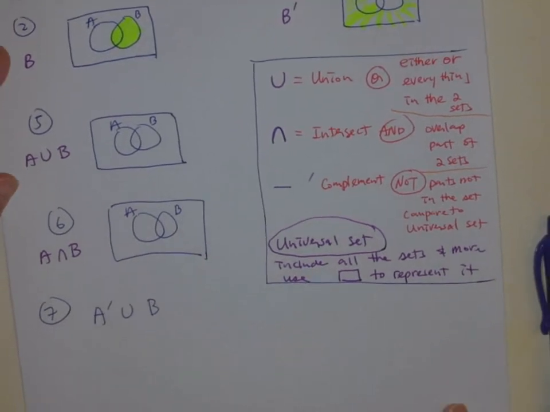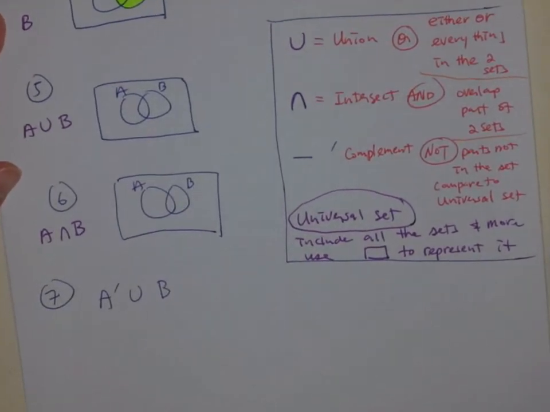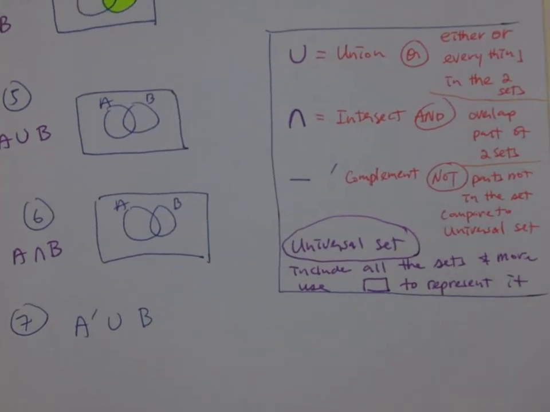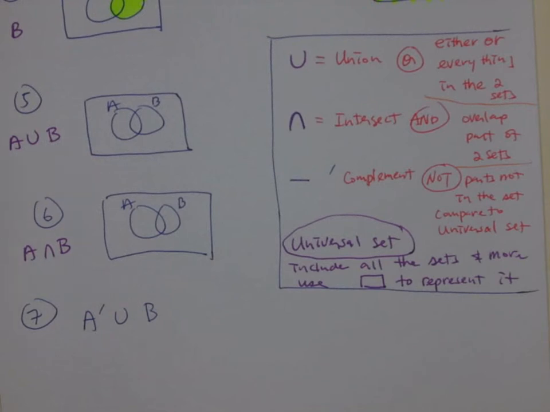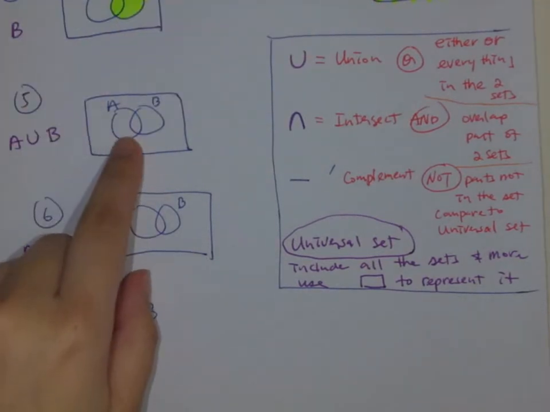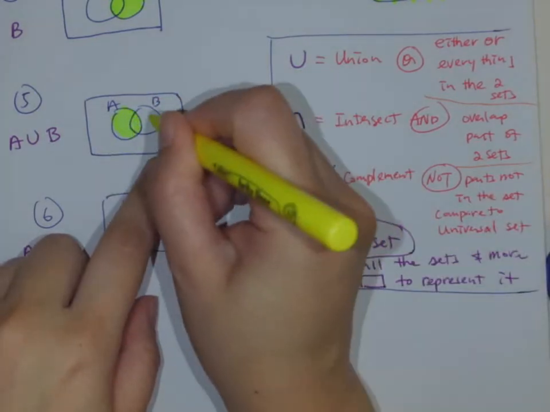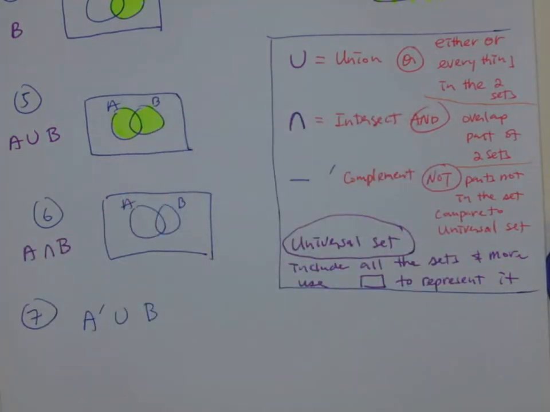Again, if you need to, pause the video and write this down, please feel free to do it. Okay, once you're done, we want to know how to shade those. A union B means either or, right? So anything in A combined with anything in B. Both of these will be part of my answer.